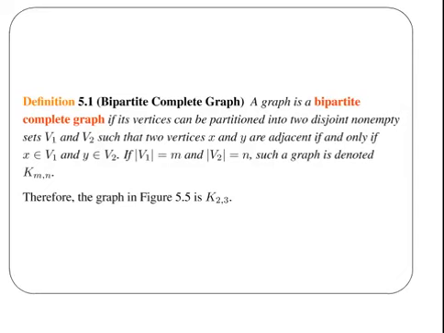So basically they're in two different groups, two different sets. If the cardinality of group 1, V1, is M, and the cardinality of set 2, group 2, is N, we would denote it as K_M,N. So what we just saw previously was a graph which we would denote K_2,3.